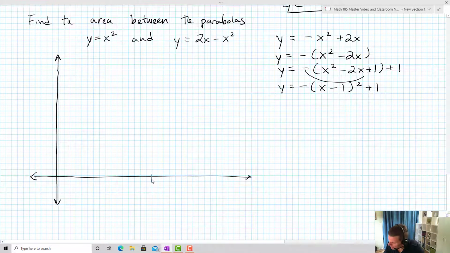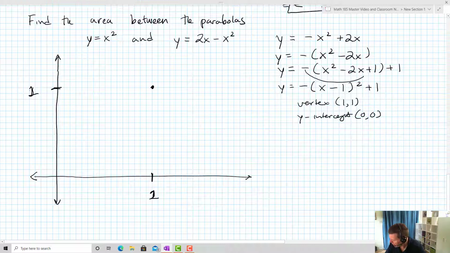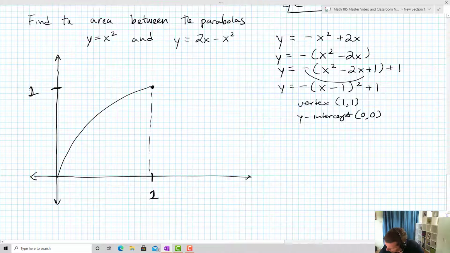The reason we wanted to do this is that now it gives me my vertex. My vertex is going to be at 1, 1. And if I plug in 0, I have a y-intercept of 0, 0. And there we go. There is y equals 2x minus x squared.